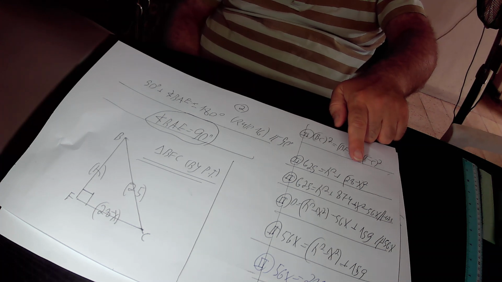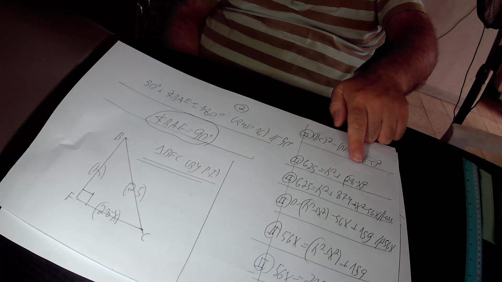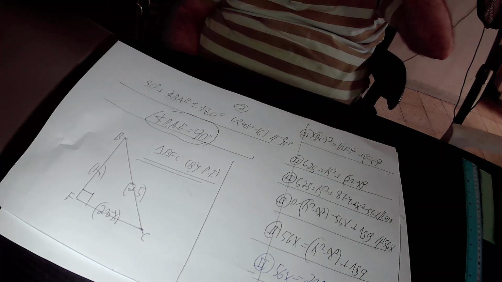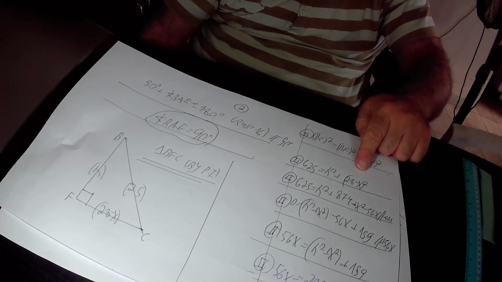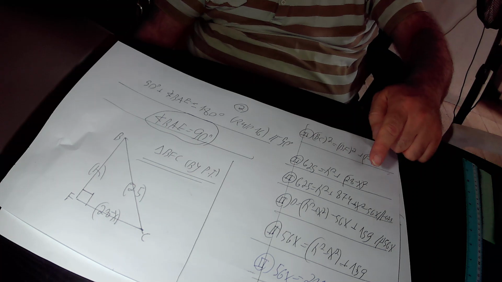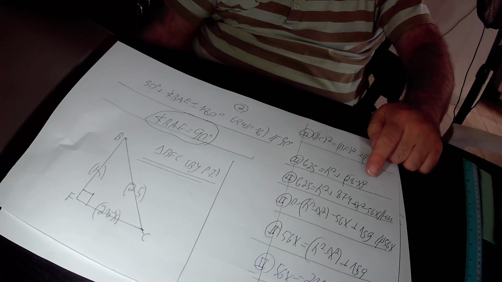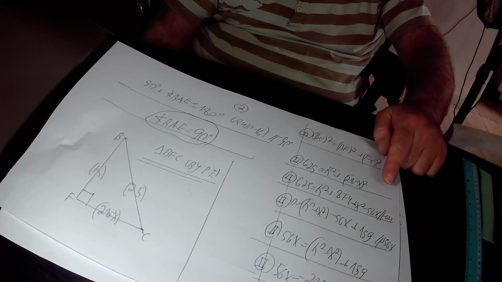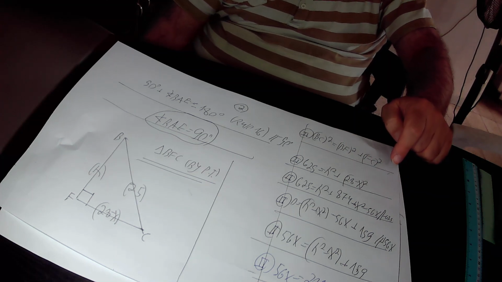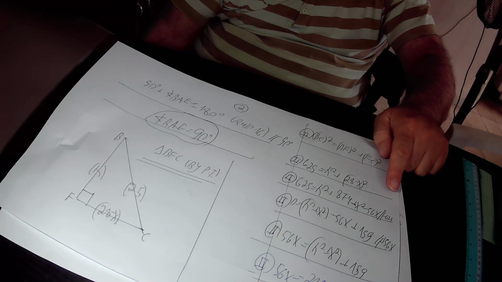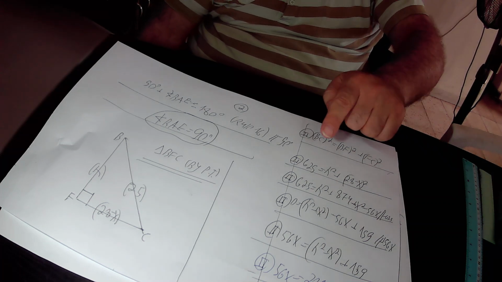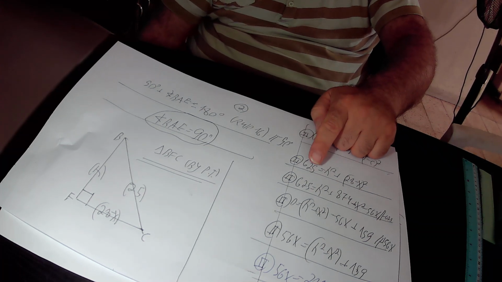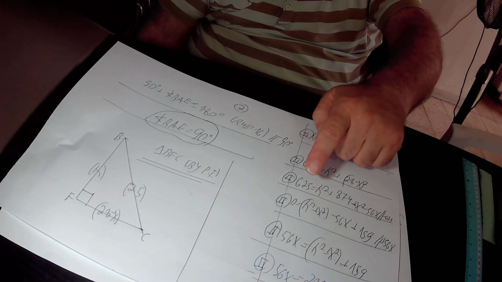Here we open the brackets on this side of equation 2, and find that 625 equals h squared plus (28 minus x) squared. (28 minus x) squared equals 28 squared, that is 784, plus x squared minus 2 times 28 times x, that is minus 56x. Here we subtracted 625 from equation 2, and on this side of the equation we have nothing, that is to say 0.